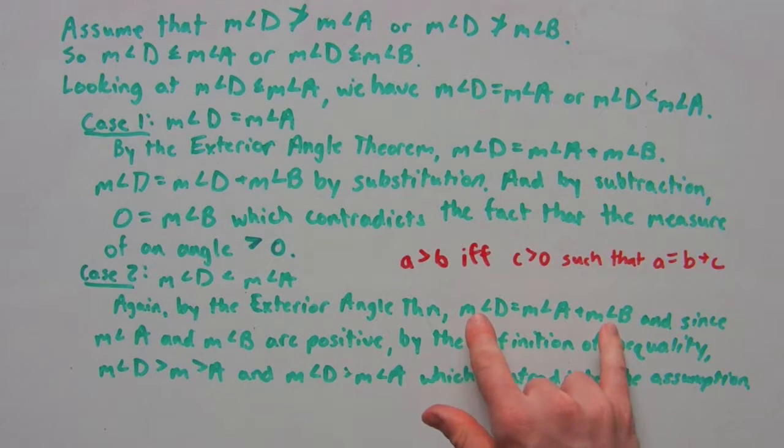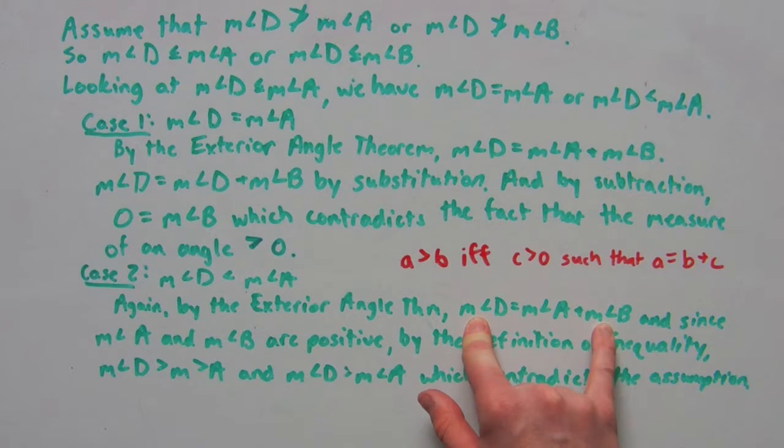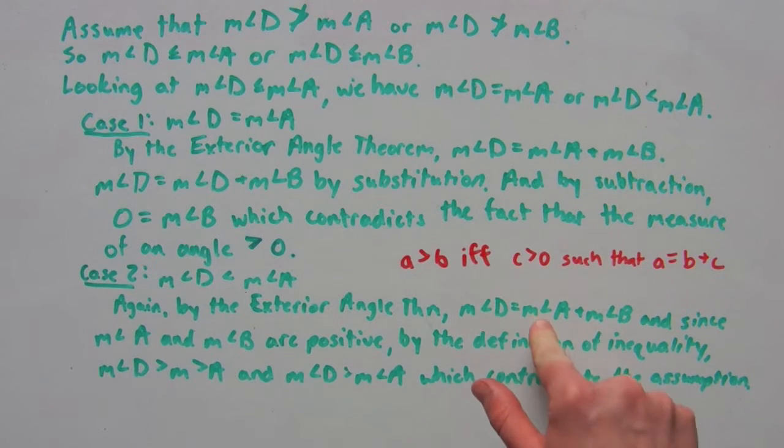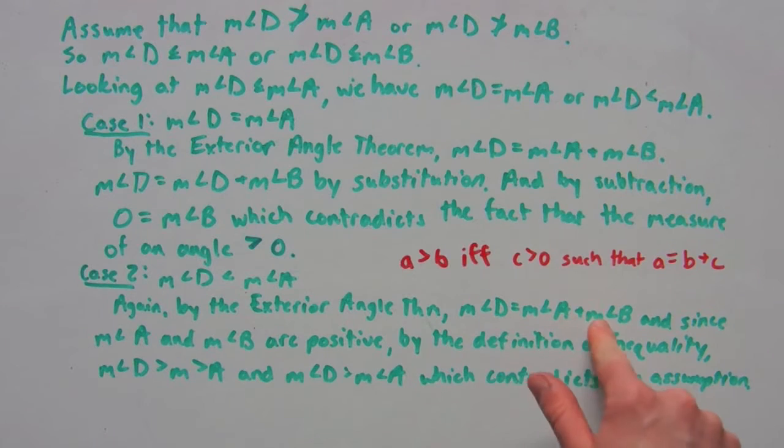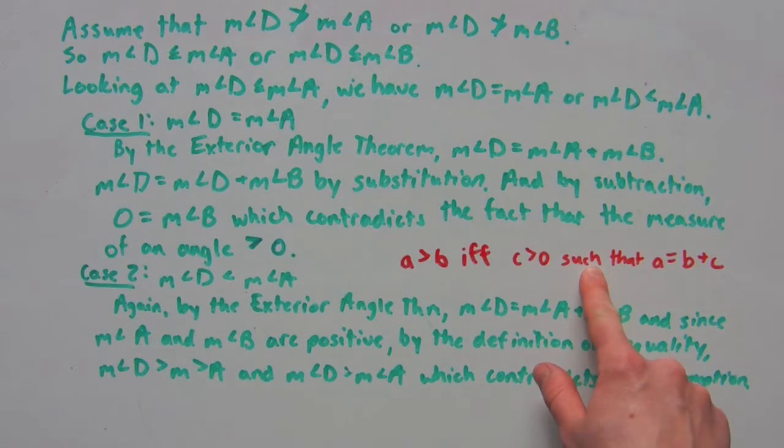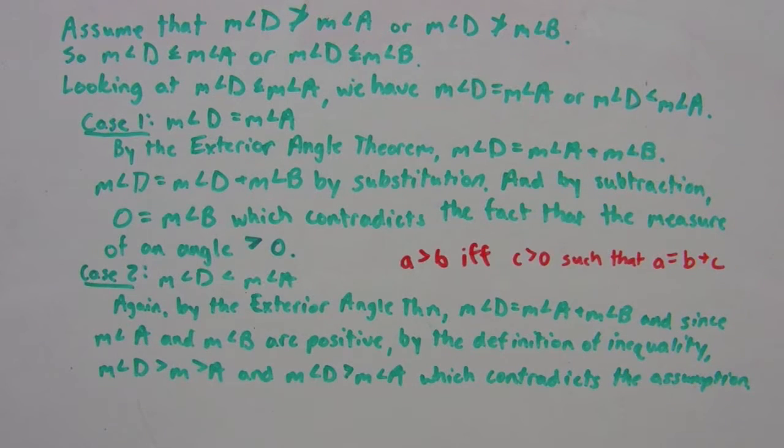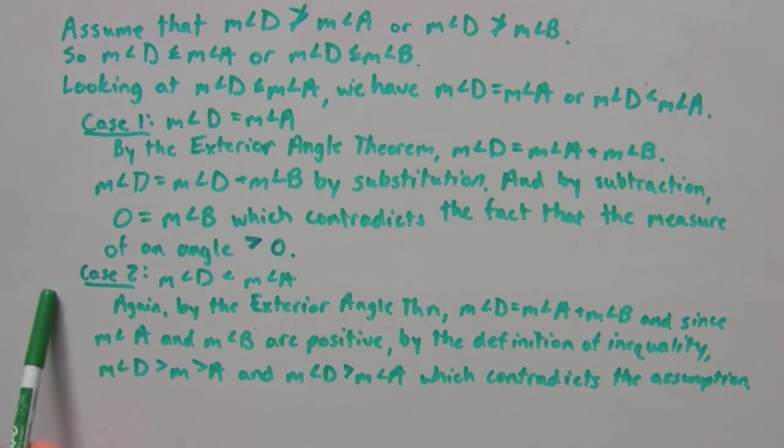Looking at this equation, we can say that angle D is greater than A, or it's greater than B. And that's by that definition of inequality. And that, again, contradicts our assumption. So step 1, step 2, and now step 3.